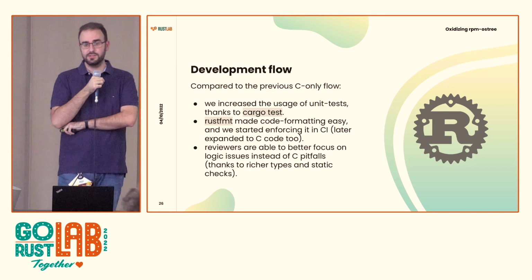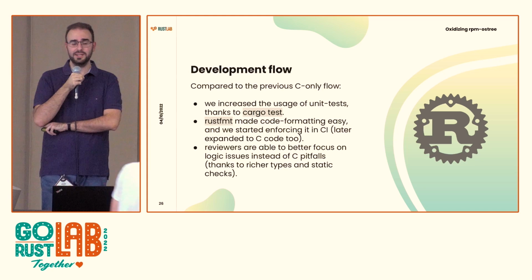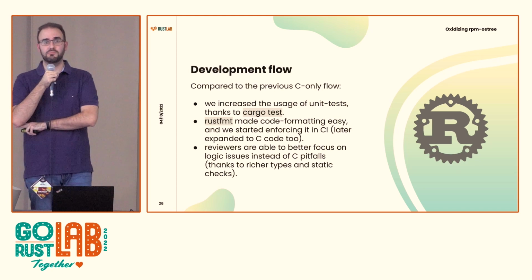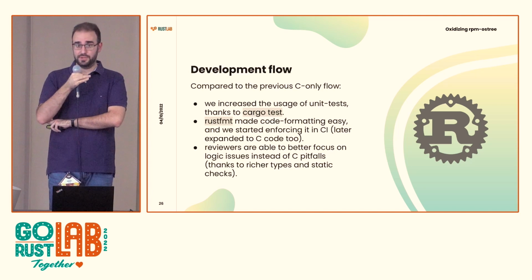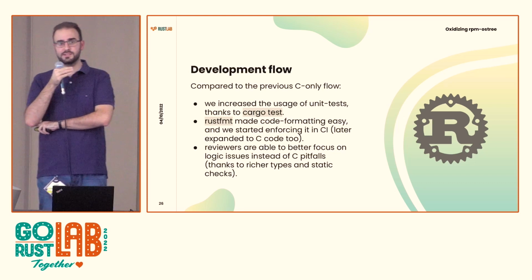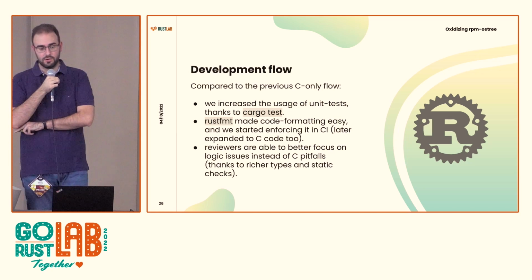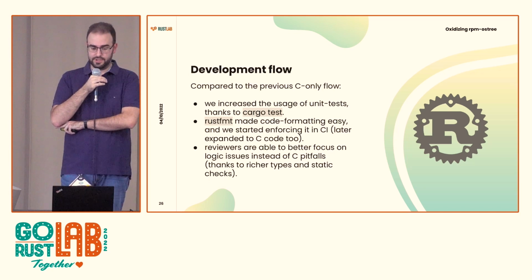We did increase the usage of unit tests; writing unit tests in C was a bit of a pain. RPM-ostree has a huge integration test suite, but that takes a long time to actually run. You need to build an image, boot a virtual machine, then try these kinds of upgrades, downgrades, and things like that, and that takes long. Unit tests are way quicker. They test something completely different, but they are very useful.